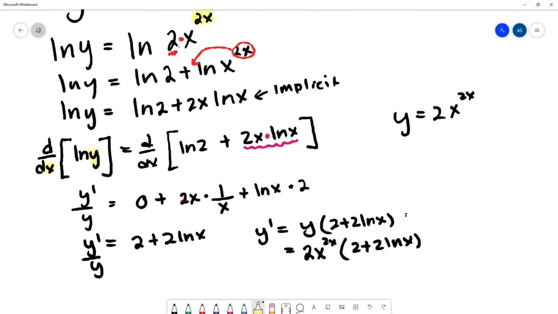We have factors of 2 inside the parentheses, so I can factor those 2's out and make this a 4. And that would be 1 plus natural log x left. So we found that the derivative of 2x to the 2x is 4x to the 2x times 1 plus natural log x.